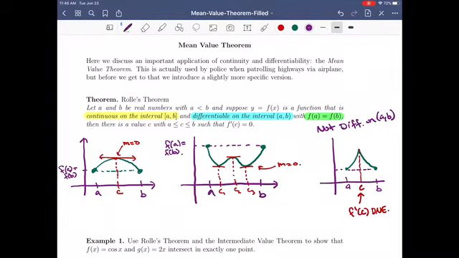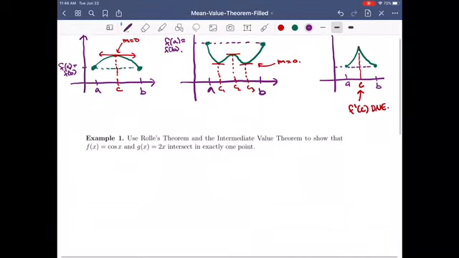Now we can use Rolle's theorem in many ways, but in one way, in combination with the intermediate value theorem, which you may have forgotten. Basically it says if the function's continuous, maybe I should write this. Let's write it in blue.